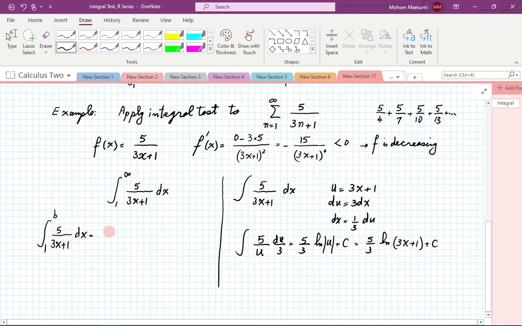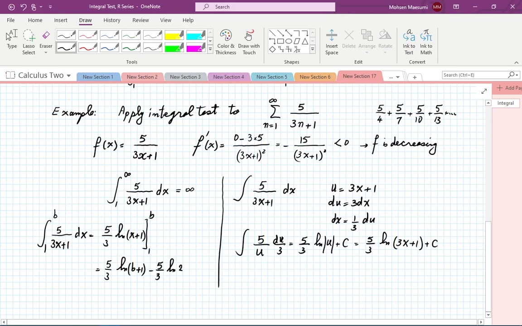So that meant take this answer, 5/3 of logarithm of 3x plus 1, and evaluate it between these two limits, and see that this is 5/3 of logarithm of 3b plus 1, and then minus 5/3 of logarithm of 4. Then the integral from 1 to infinity is the limit of this when b goes to infinity. Well, when b goes to infinity, this logarithm of infinity will be infinity. This whole thing becomes infinity, and that integral is going to be infinite.